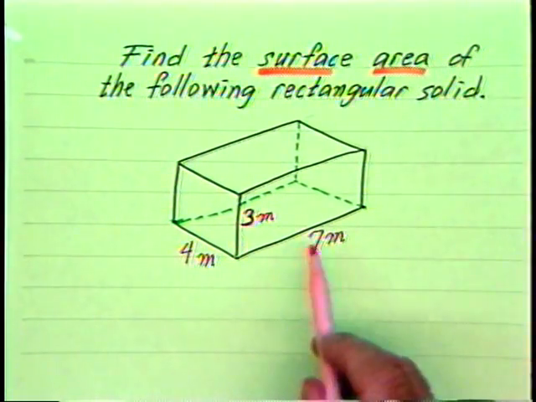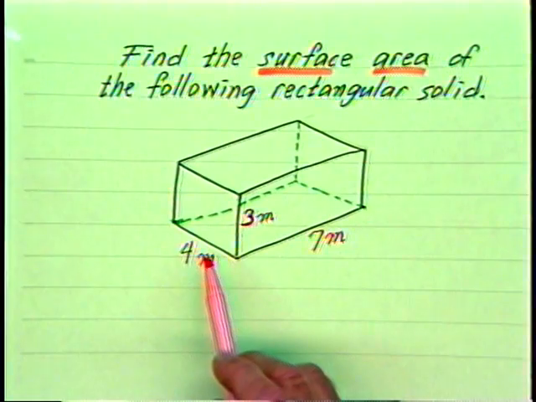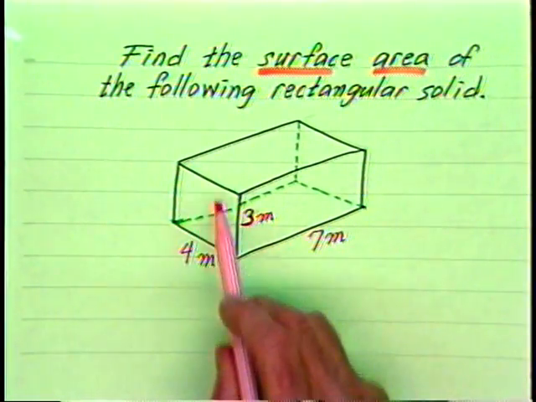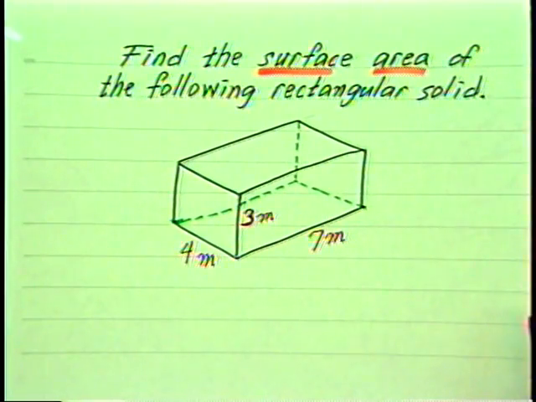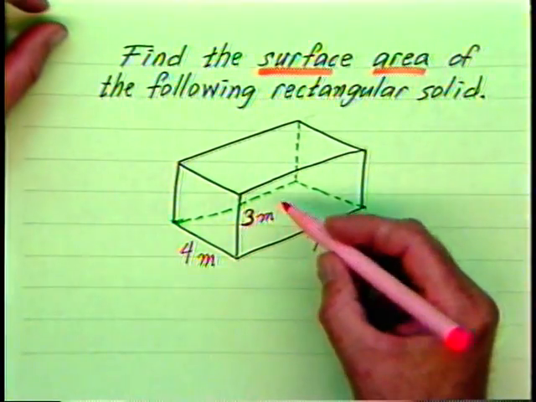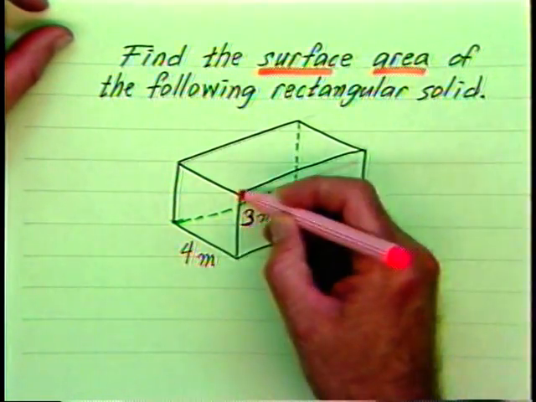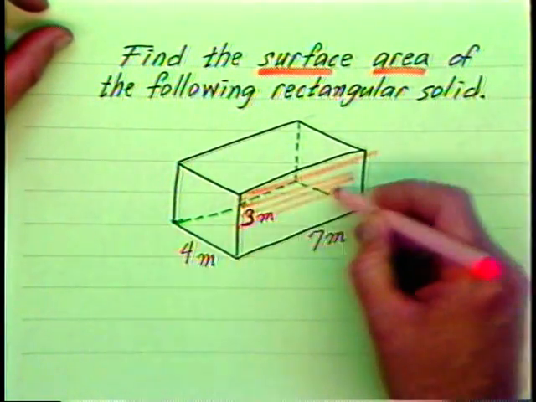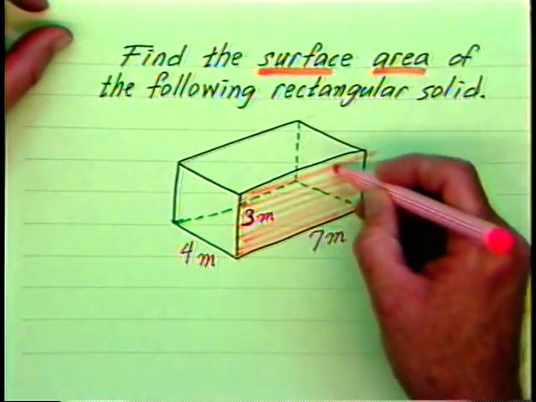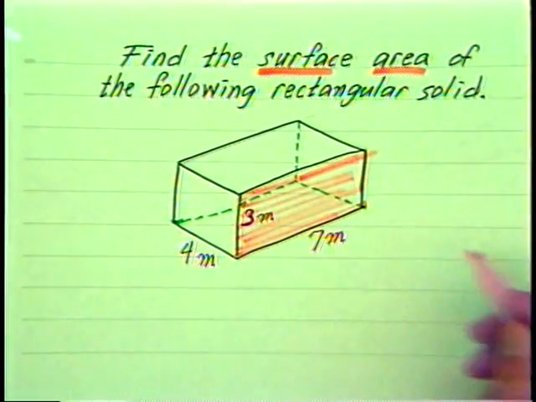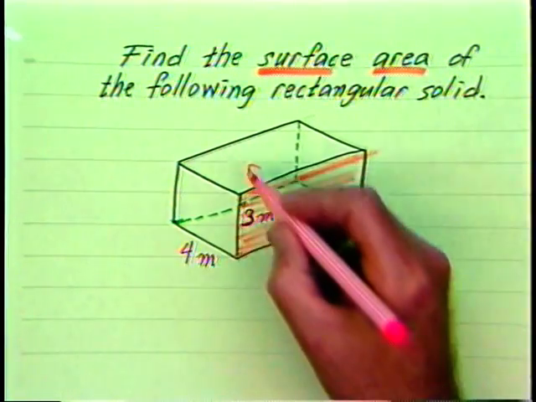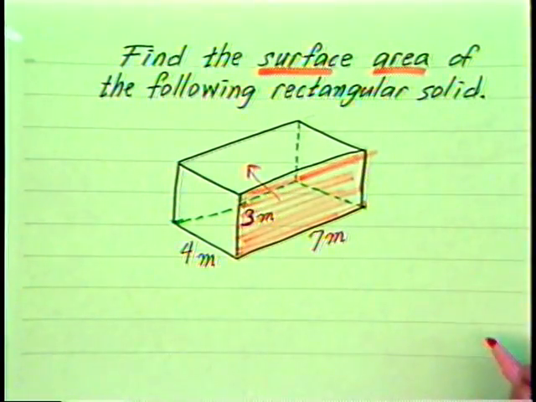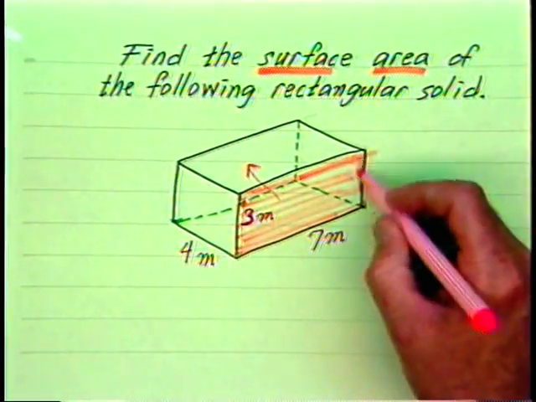That is, how many square meters in this case of materials is used all the way around this solid. Do you recognize all of the rectangles we need? There is this length, the end of the box, and we recognize that just on the opposite side of it is another one exactly the same size.